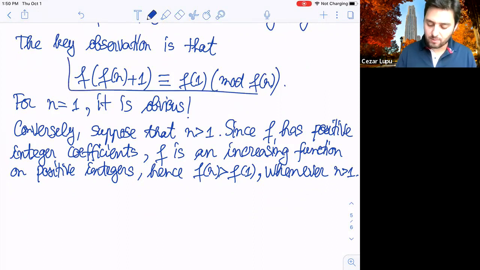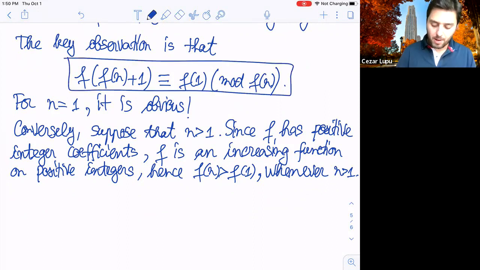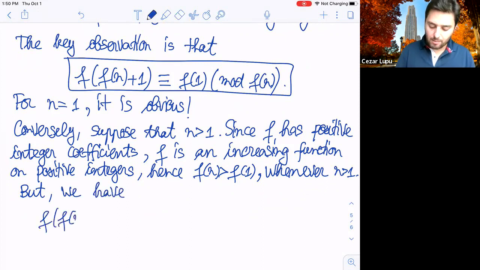Okay, we're gonna have this. But we have that f of n plus 1 is congruent with f of 1, sorry, right?